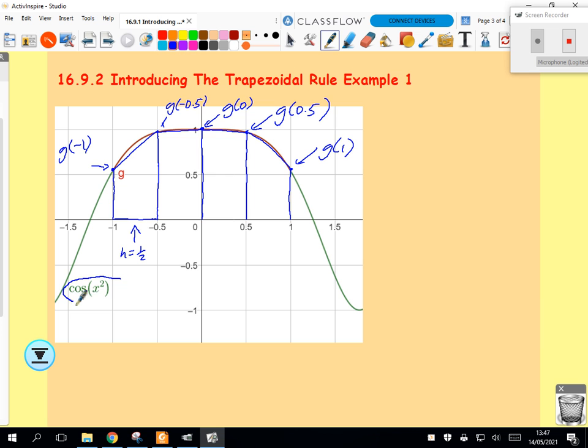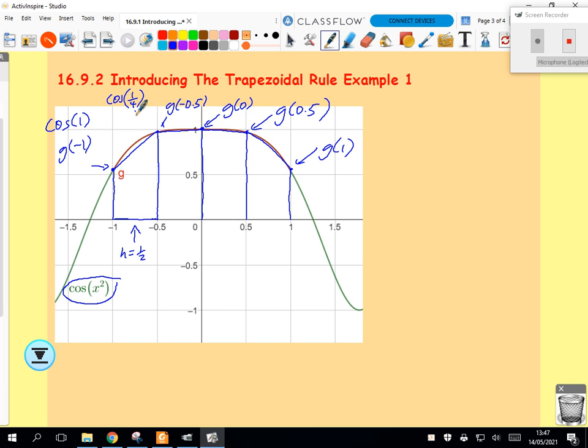So you're just plugging in cosine of the square of -1. Cosine of the square of -1/2. Okay, so g of -1 would be cosine of the square of -1. g of -1/2 would be cosine of the square of -1/2, which is 1/4.